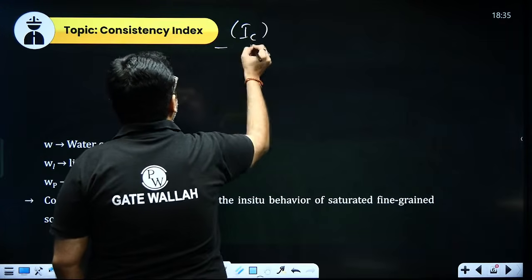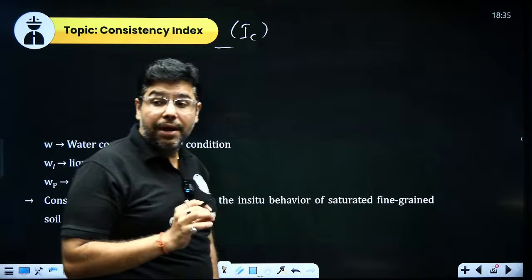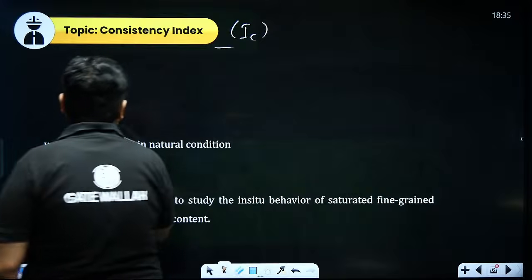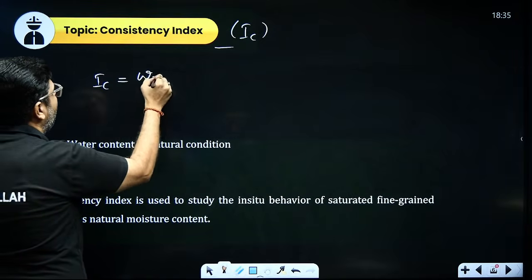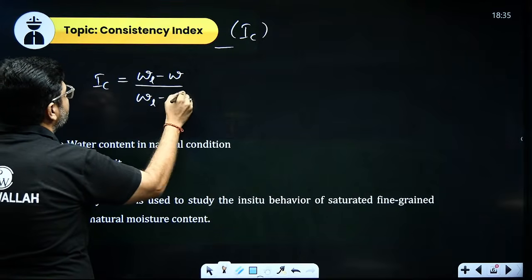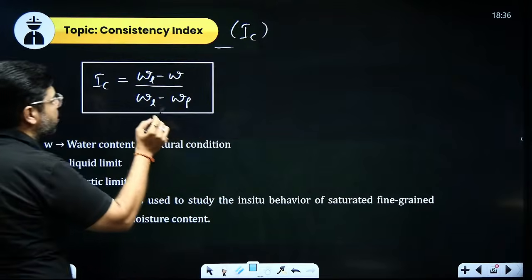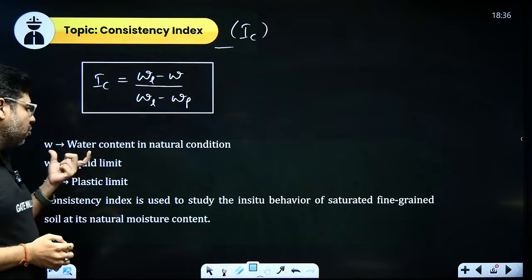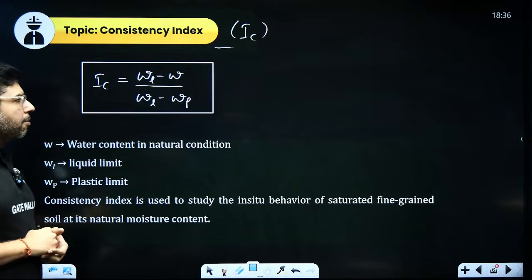If IC is more, the stiffness is more. And how is IC calculated? IC is equal to WL minus W upon WL minus WP. This is my consistency index, where WL is the liquid limit, W is the natural moisture content of the soil in its natural condition, and WP is the plastic limit of the soil.